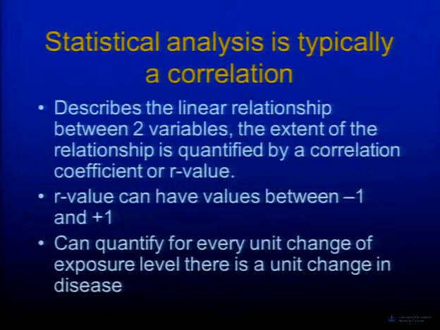So the R value can have a value between -1 and +1. This is +1, but if instead I switched the meat to be something like fruits and vegetables, maybe then we'd see the line go the other way or have a negative correlation. And what you end up being able to say is for every change in meat consumption of 1 gram, we see a change in cancer rates of 10%.